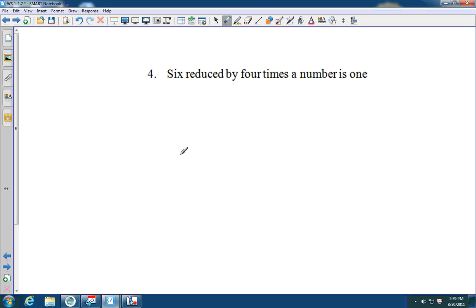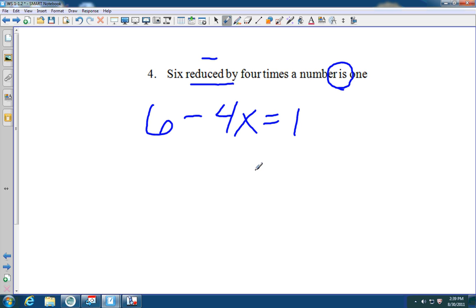Pause the video and come back and see how you did. 6 reduced by 4 times a number is 1. 6 reduced by is the same as subtract 4 times a number. It doesn't matter what letter you use, remember, and is equals 1.